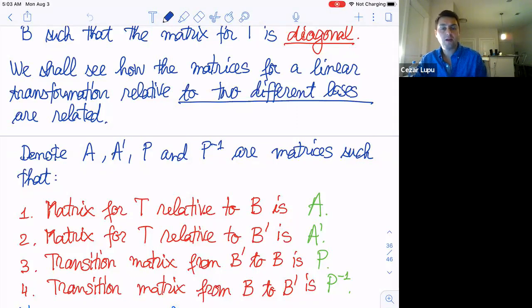The transition matrix from B prime to B, we have seen, is this matrix P, and the transition matrix from B to B prime is P inverse. So these are the four matrices that we define.